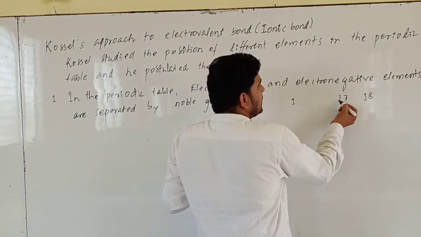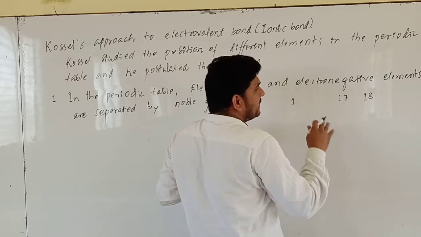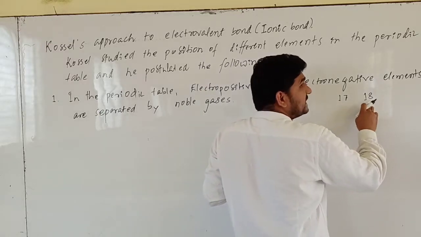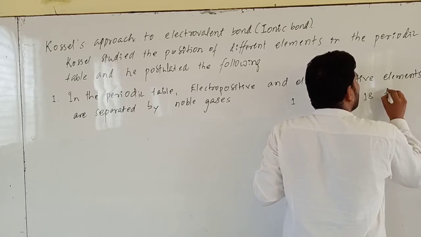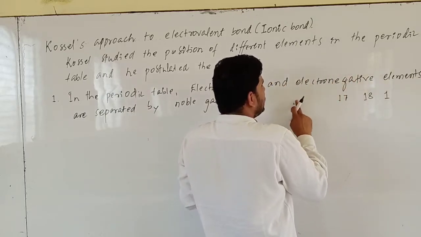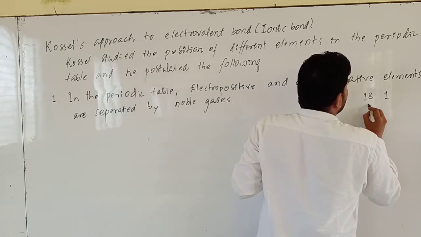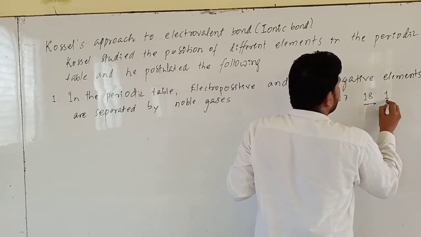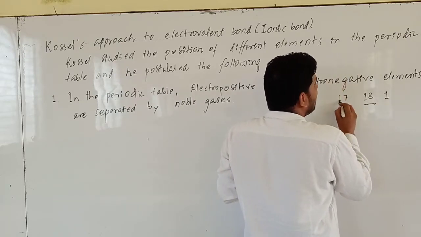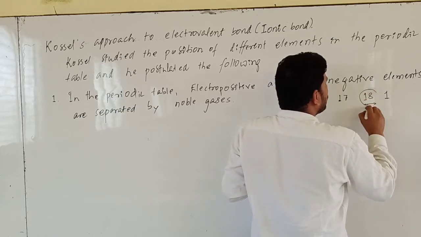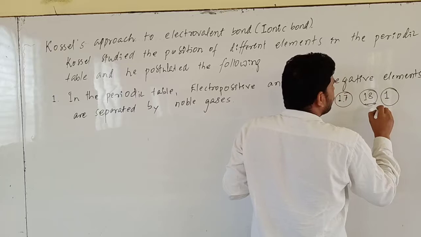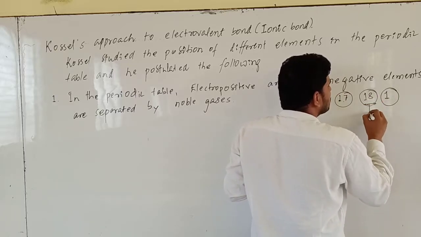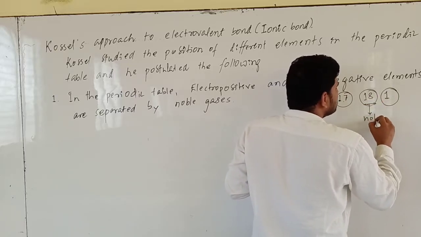How? Because group 17 is halogen and group 18 is noble gas. Again, group 1 is alkali metal. There are 18 groups; group 1 is alkali metal and group 17 is halogen. What is the position of noble gases? Group 18 is the noble gas.